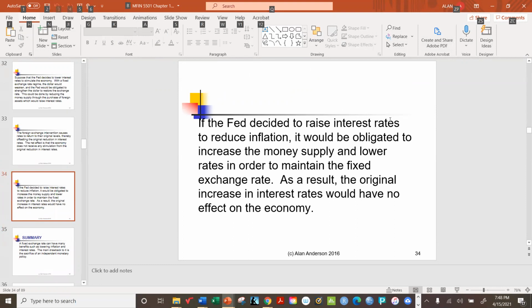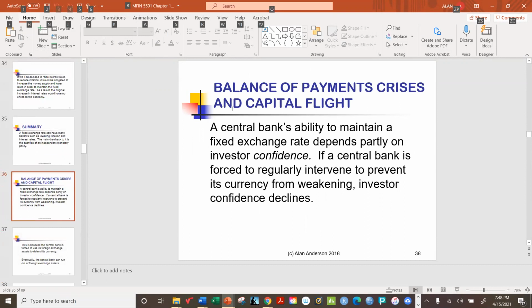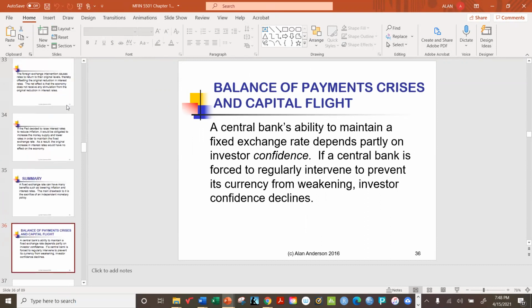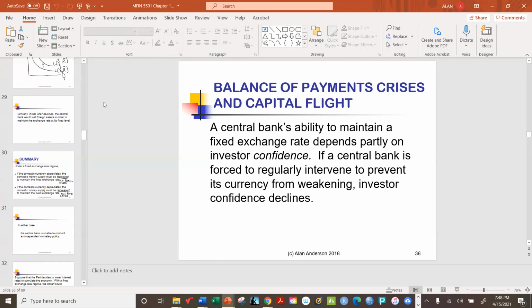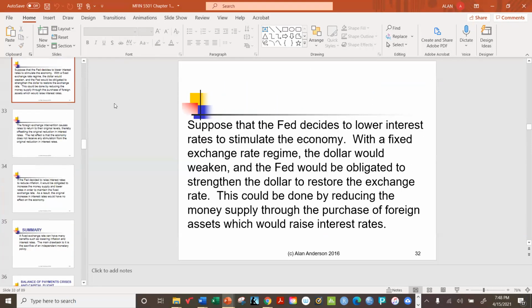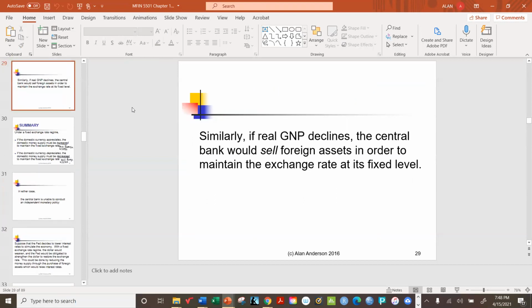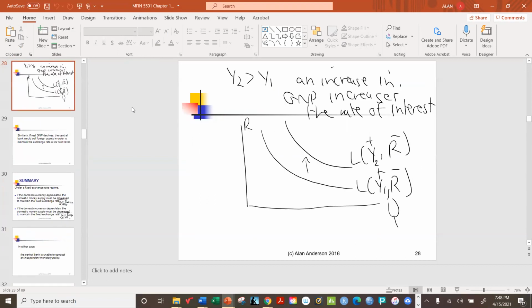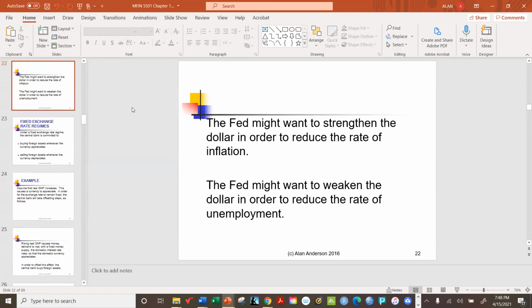But most countries at this point in time have floating exchange rates. They both have their advantages and disadvantages, but for the most part, the reason for having fixed exchange rates is to reduce your inflation rate or your interest rates, and also to introduce some stability into your exchange rate, which for some countries can be very volatile.